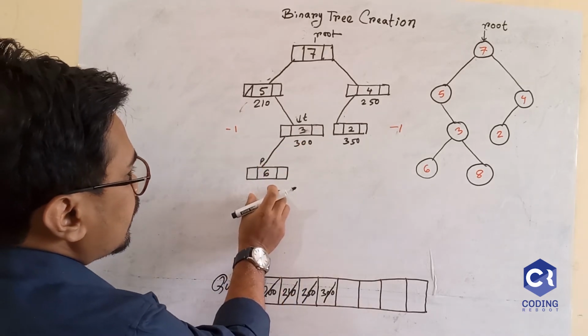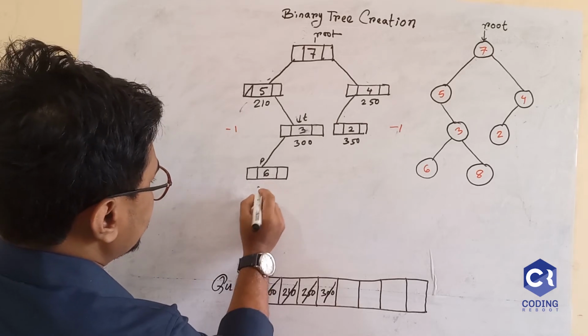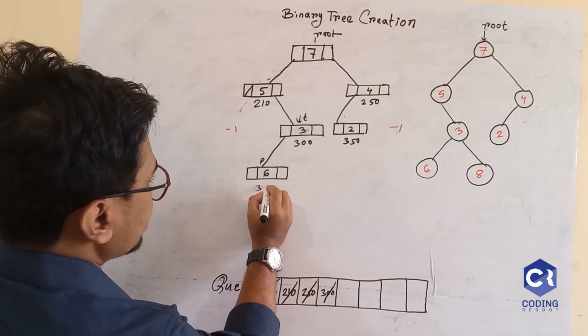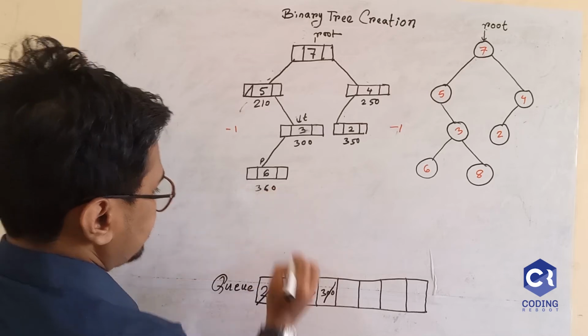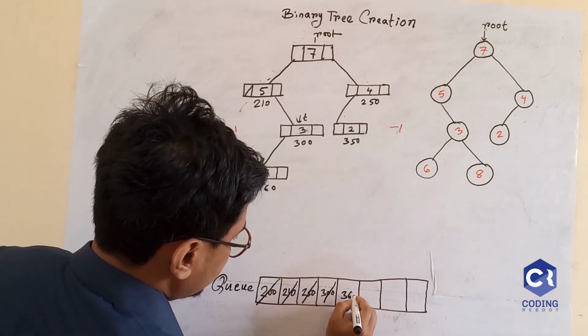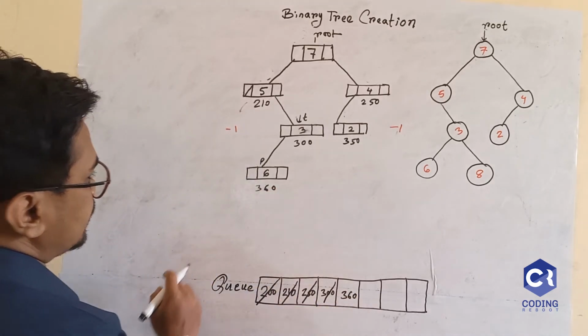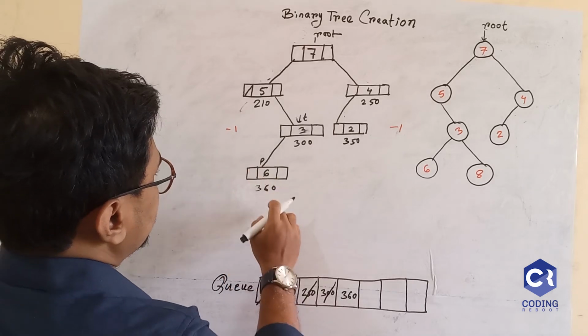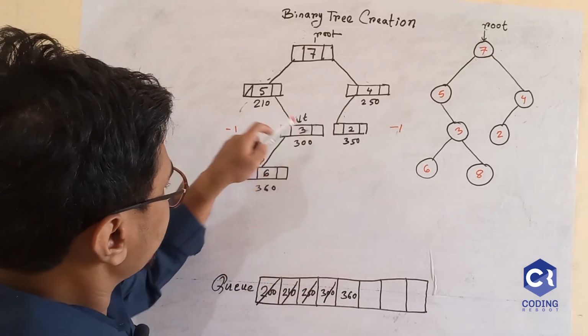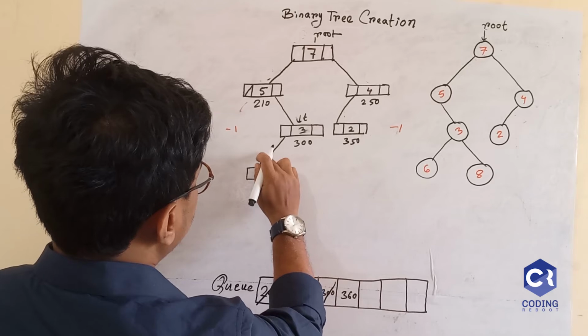Suppose the address of this new node is 360. Insert this 360 in our Q data structure. Again ask, is there a right child of 3? Yes, there is a right child.